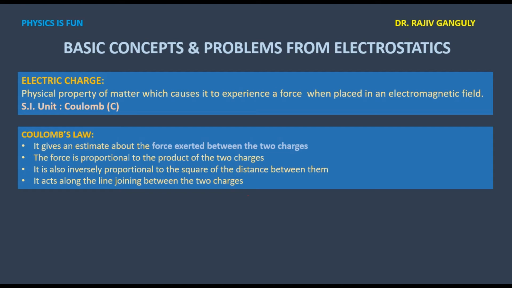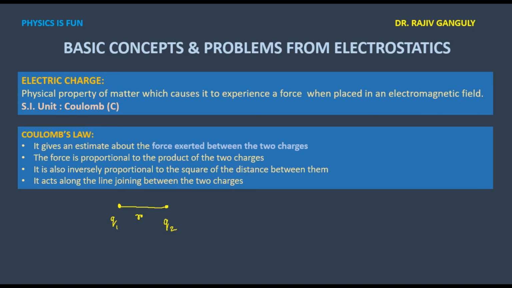So, if we consider two charges, one charge here having a value q1, which may be a positive or a negative charge, and at a certain distance another charge q2, and the distance between them is r. We join them with a line, and the distance between them is r.